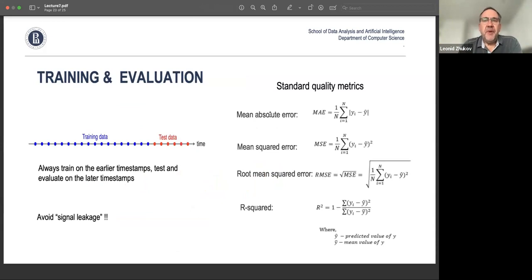Now, compared to traditional machine learning, there is one thing to keep in mind: when we do training, testing, and validation sets, we have to be very, very careful in terms of time. Simple cross-validation is not going to work, because you want to preserve the time sequence. You want to avoid what's called signal leakage, which is that your test data should always follow your training data and shouldn't be intermixed.